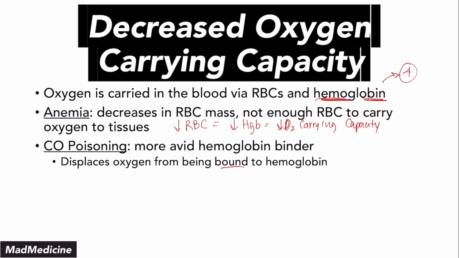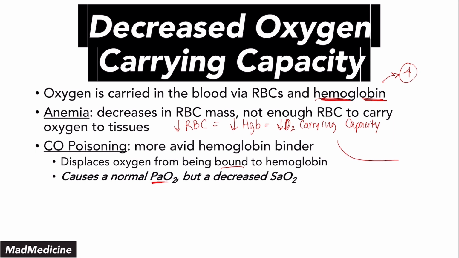In carbon monoxide poisoning, you are going to have a normal PaO2. The arterial oxygen amount is going to be fine because in the bloodstream, in your artery, your oxygen content is going to be normal because there's nothing interrupting oxygen entering into the blood. The alveolar membrane, there's no interstitial lung disease, etc. It's fine.